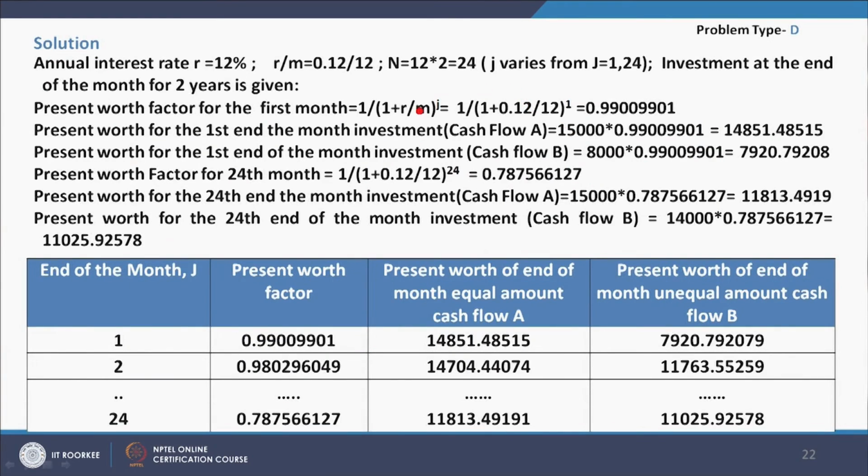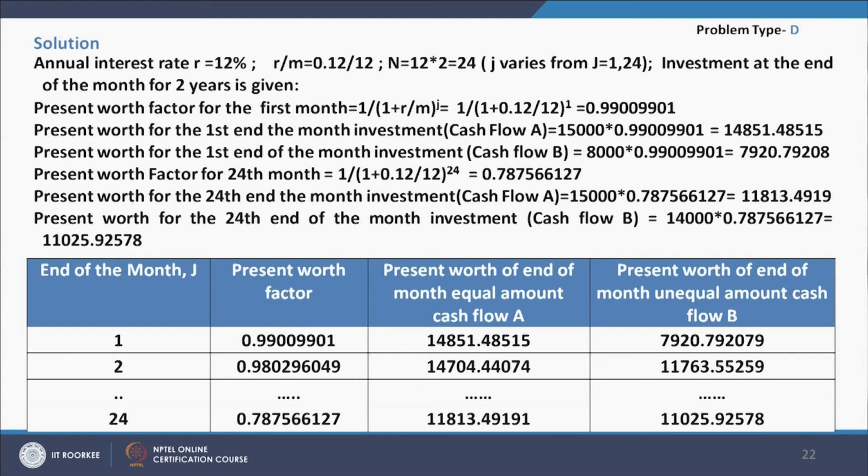Here again we are calculating because this is a discretely compounding problem. Annual interest rate is 12%, R by M is 0.12 divided by 12, N is 12 into 2, where 12 is for 12 months per year, and J varies from 1 to 24.